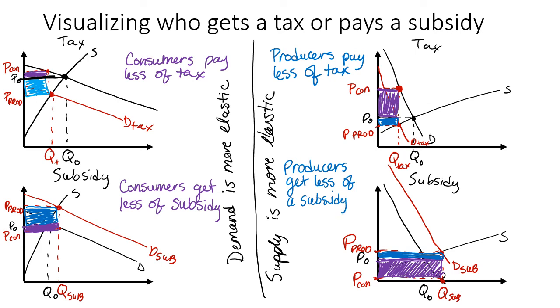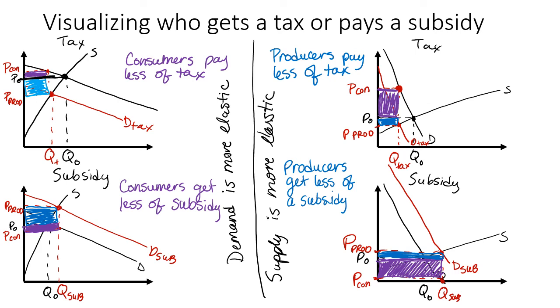So if you compare the two, you can see what's going on in the fact that whichever one, demand or supply, is more elastic, they will have a smaller tax burden and also a smaller share of the subsidy. So the more inelastic one, the one who has to stick around in the market because they don't have alternatives, that's what it means to be inelastic, they're the ones that have to pay the brunt of the tax, as well as the ones that get more of the subsidy.